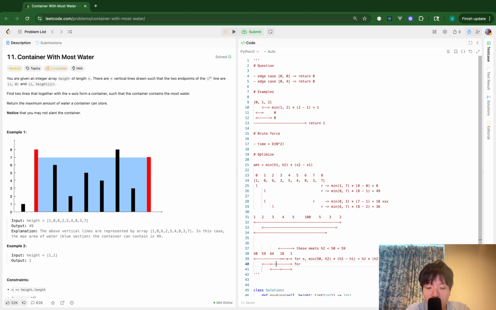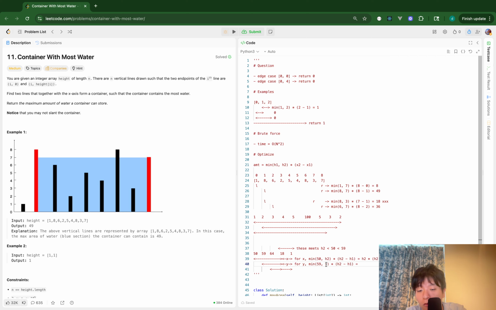And for here, I start from 59 and go until the number is smaller than 59. For here, meaning 59 and y, this.